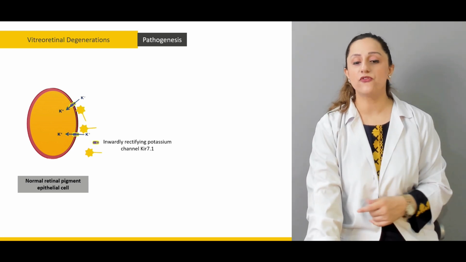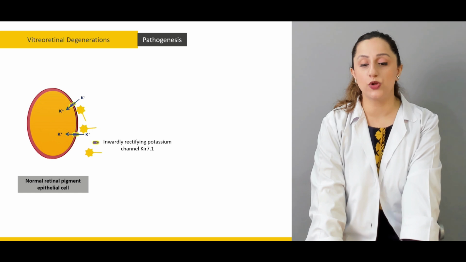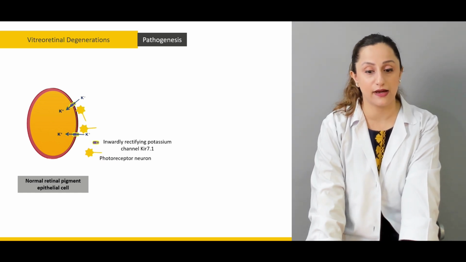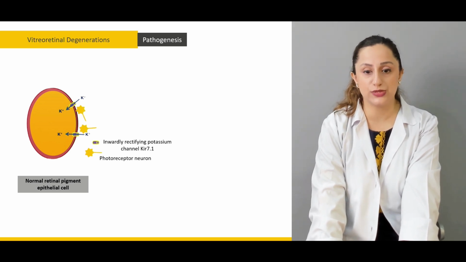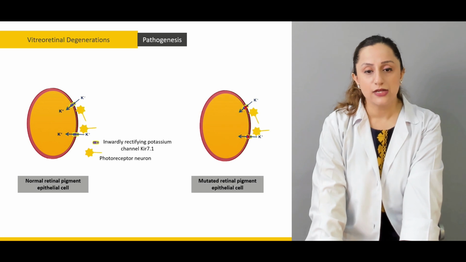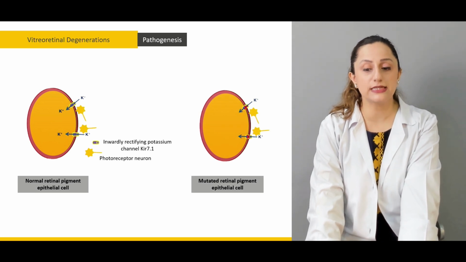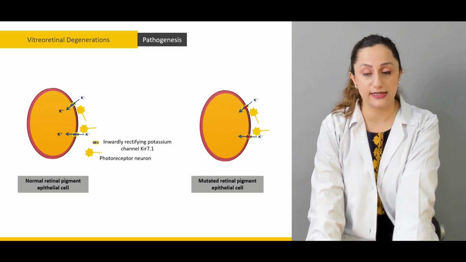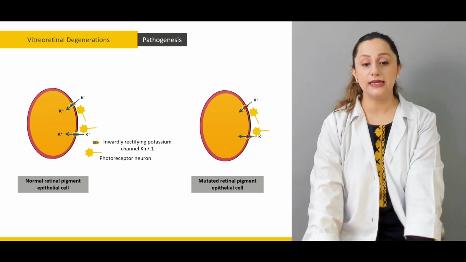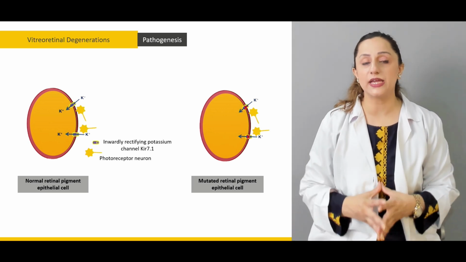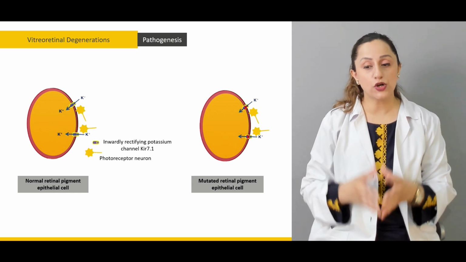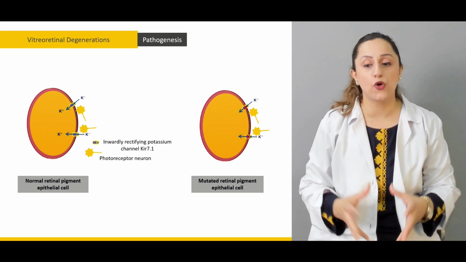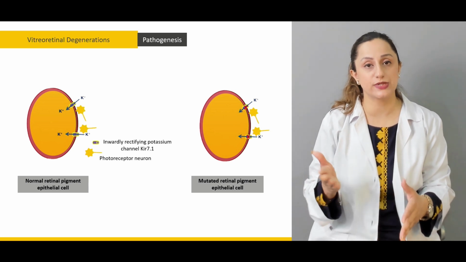The inwardly rectifying potassium channel is Kir 7.1, and the photoreceptor neuron is also closely in relation to these potassium channels. Just having a look at the mutated retinal pigment epithelial cells, you'd observe that the inwardly rectifying potassium channels are not quite positioned in a normal manner along with the photoreceptor neurons.